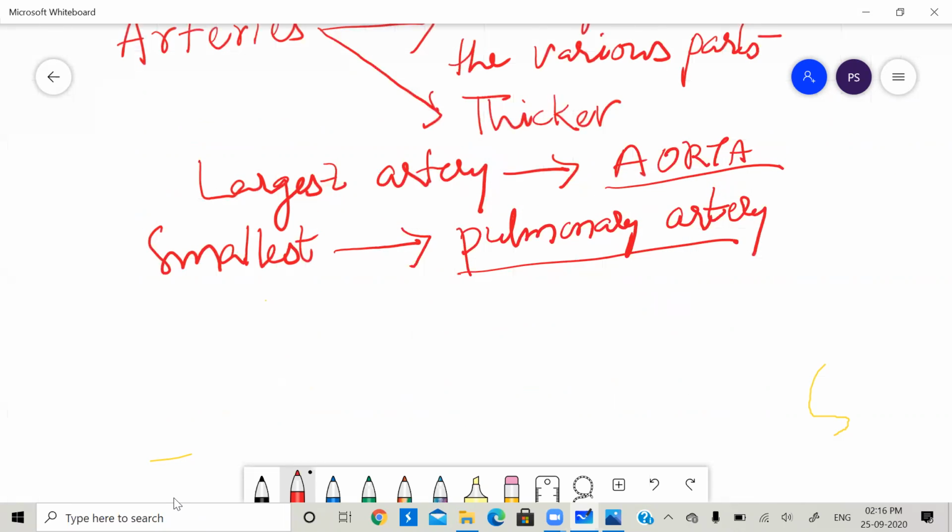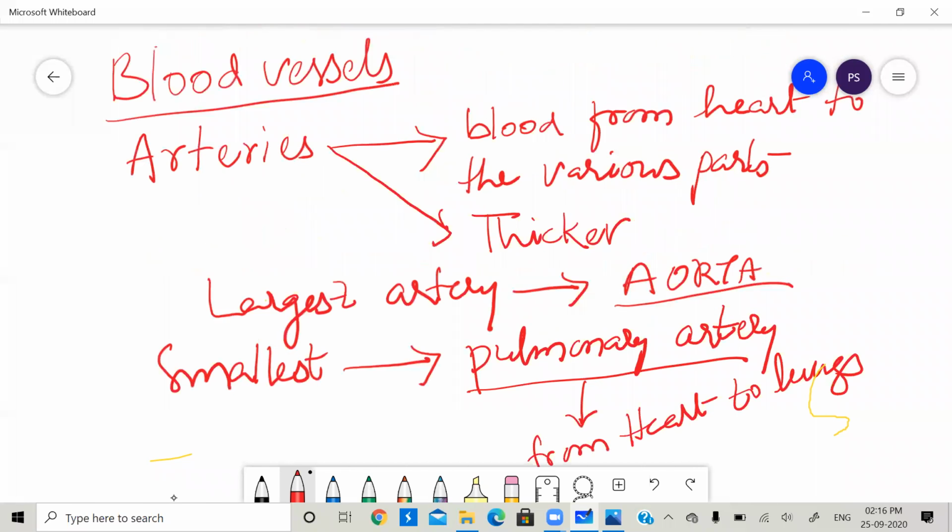What is this pulmonary artery? This pulmonary artery will transfer the blood from the heart to the lungs. The artery which carries blood from the heart to the lungs is the pulmonary artery. So this is about the arteries.